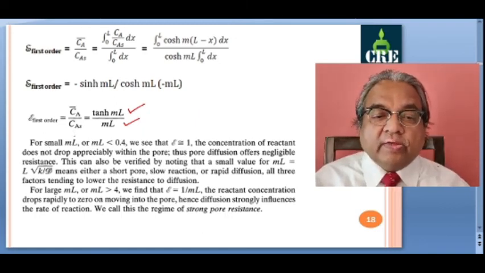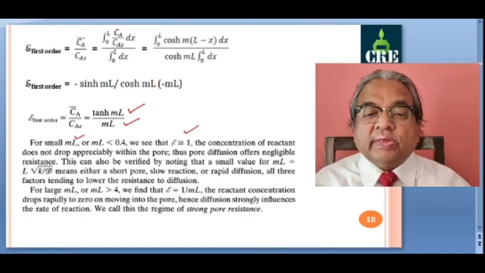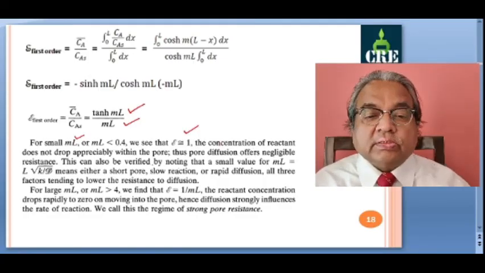For small values of mL, say less than 0.4, this effectiveness factor will be approximately equal to 1. That means the concentration of reactant will not drop appreciably within the pore. Thus the pore diffusion offers negligible resistance. This can be verified by noting that a small value of mL, where m is root k by D, means either a short pore, L is very short, or k is small, that is a slow reaction, or D is large, rapid diffusion.